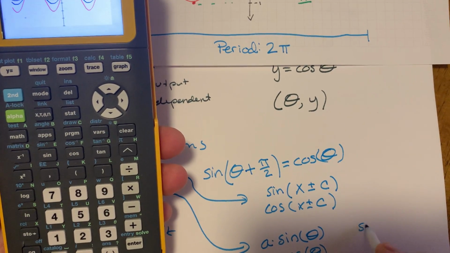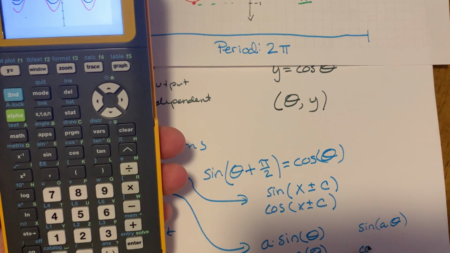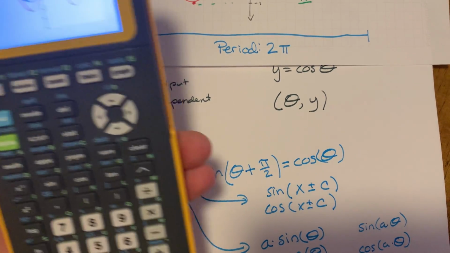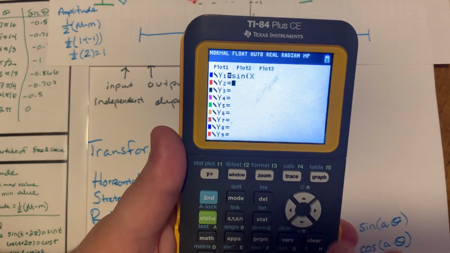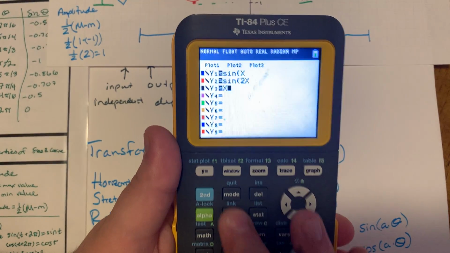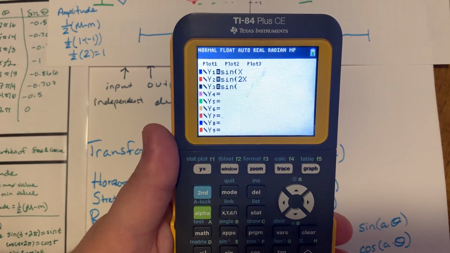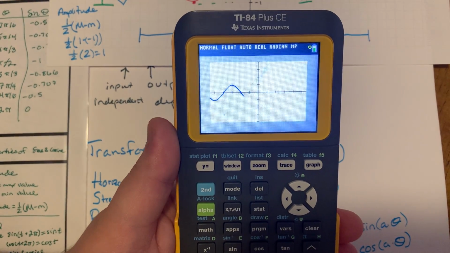But what if we have something that looks like sine of a theta, or cosine of a theta? So if we have sine x, then we have sine of 2x, or sine of half x. So we have sine x like we expect.